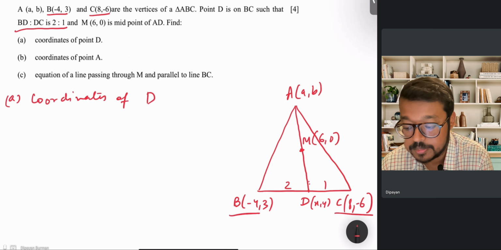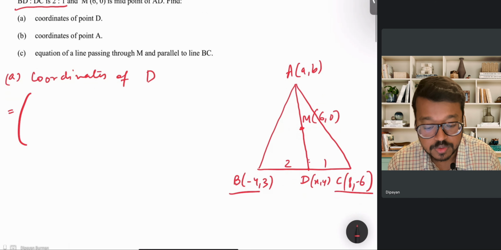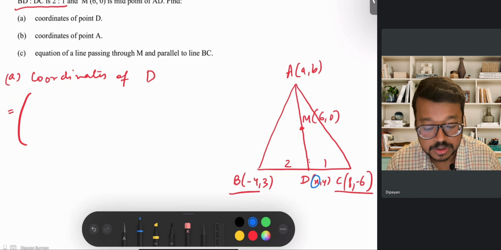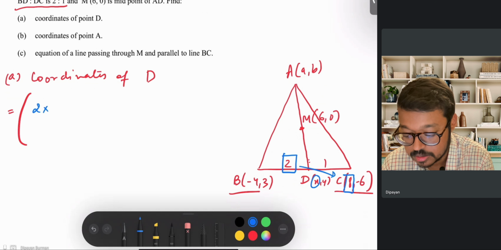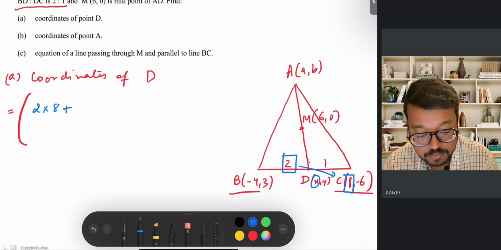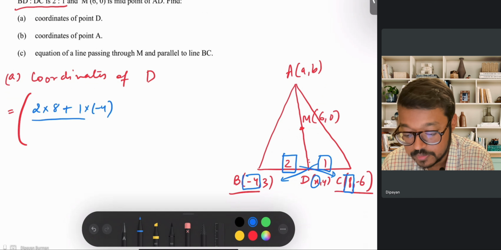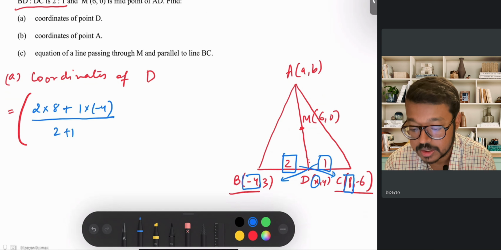if I directly apply the section formula, first let's focus on the x coordinate of point D. So the x coordinate of point D will be equal to 2 multiplied by 8, 2 into 8, plus 1 into minus 4, divided by the sum of the parts of the ratio, 2 plus 1.